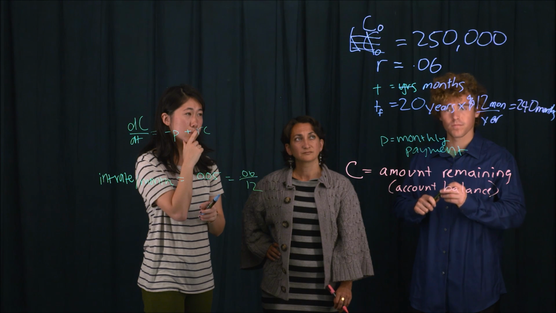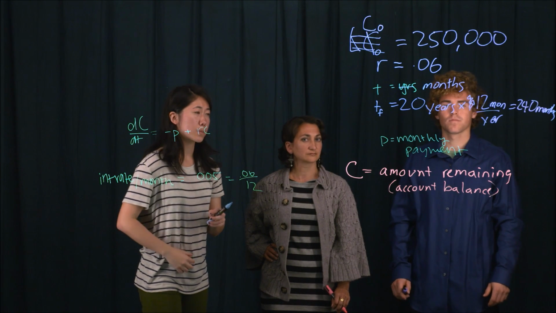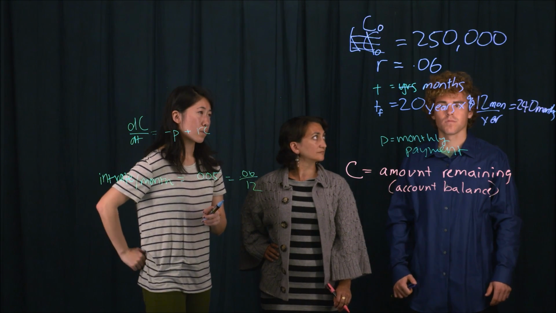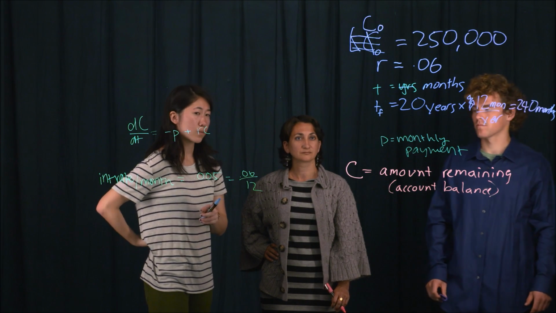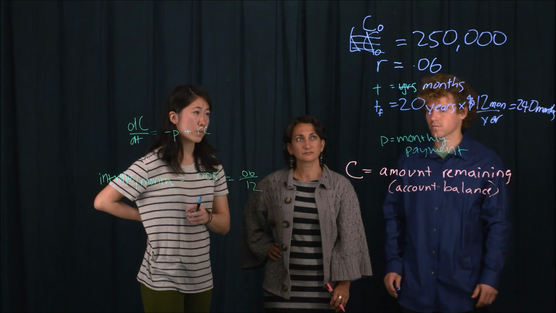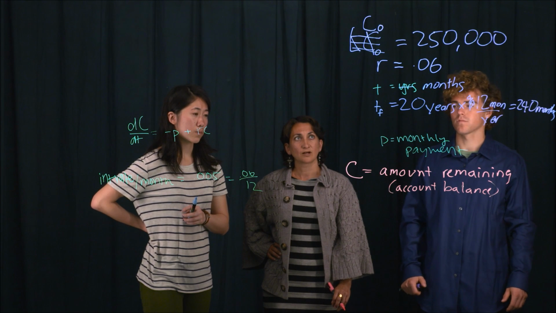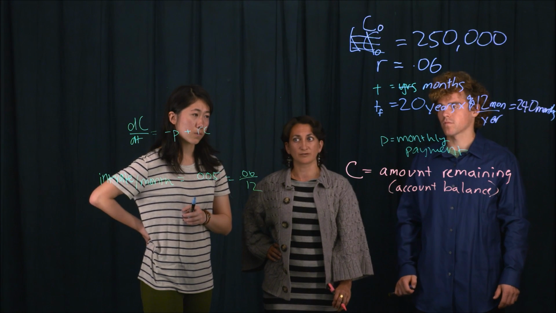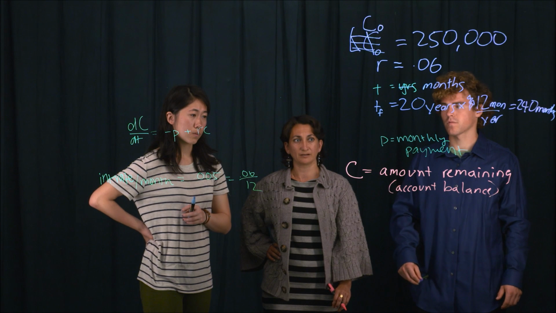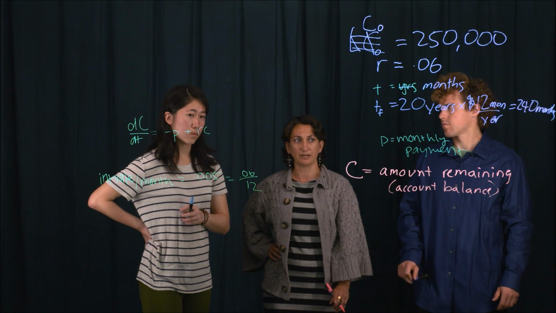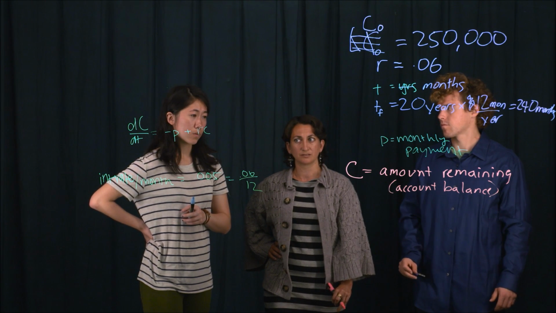Ruby, when you talked about the interest rate being divided by 12, what does that give us? That just gives us the rate per month that we're paying. So that needs to be multiplied by the amount remaining, right? Excellent.